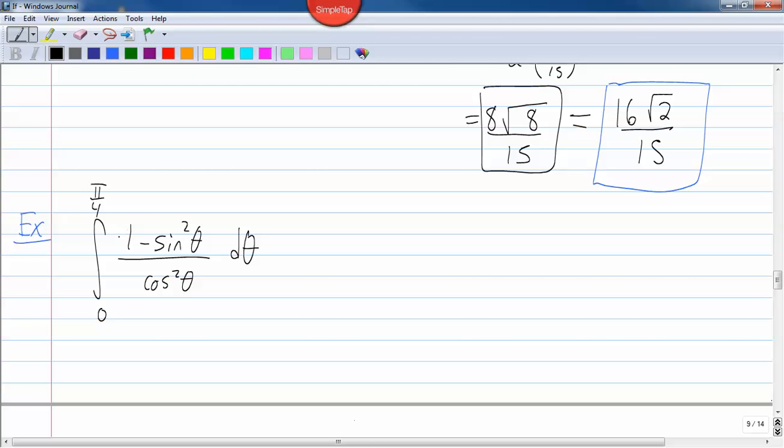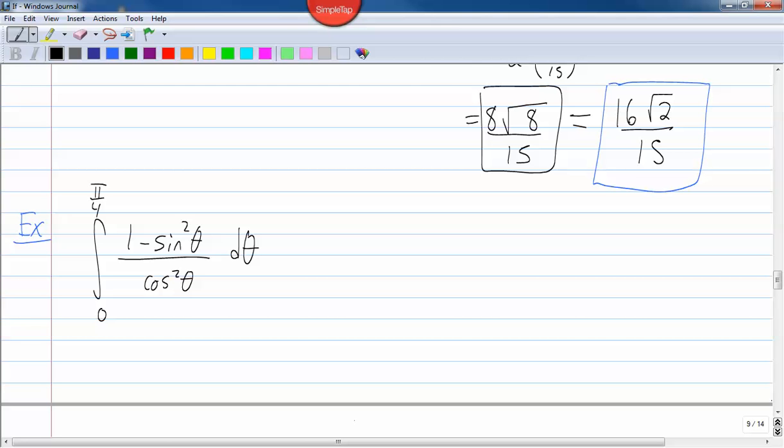So if you try to start integrating this numerator and integrating this denominator, you might think that you could use the power rule with these trig functions, but the power rule doesn't work because that's not the type of integral it is. So you're going to have to use some type of trig identity to make this thing a lot easier.